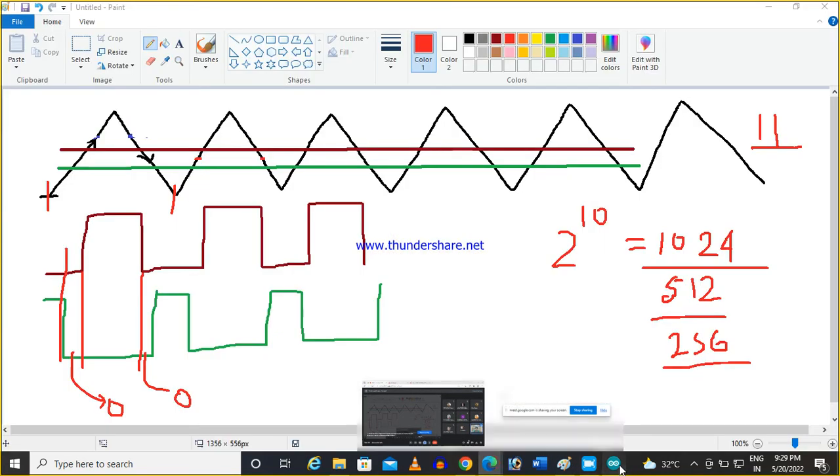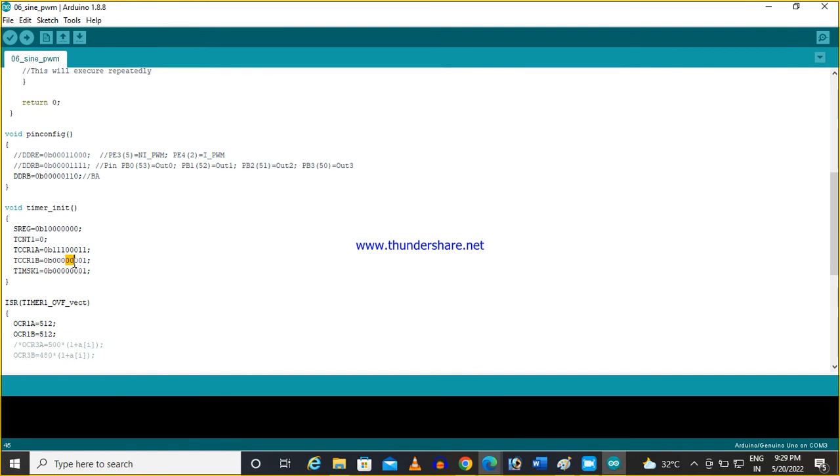For that, if I go to the code, here these 3 bits, I am using 001. What is that 001?